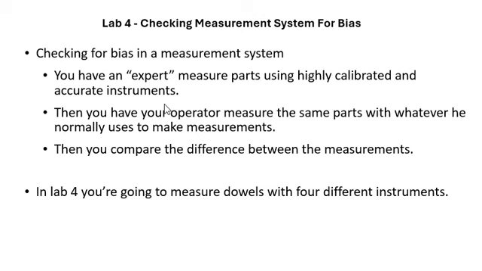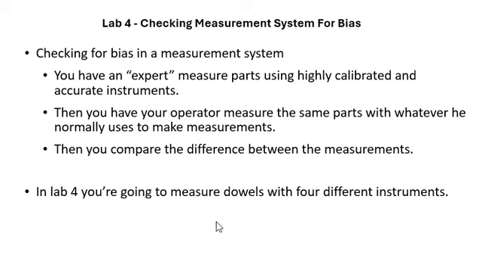Experts measure parts using highly calibrated and accurate instruments, and then you, the operator, measure the same parts with your gauges, whatever instrument you normally use from your box in our labs, and then you compare the difference between the measurements. That's what we're going to do in our measurement system.